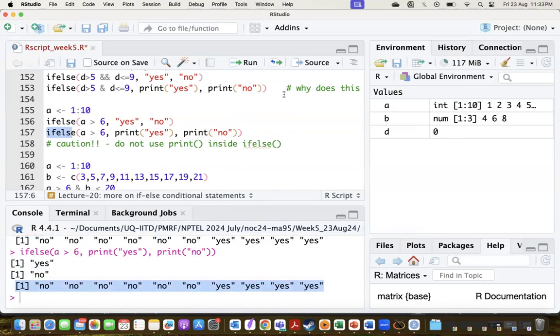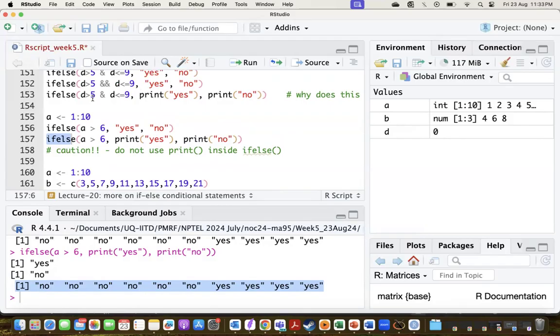So I think this might give you a little idea of what's happening when we are writing print. But in short, I would still advise you to not write print inside the if else statement.